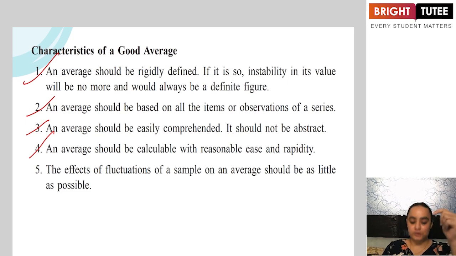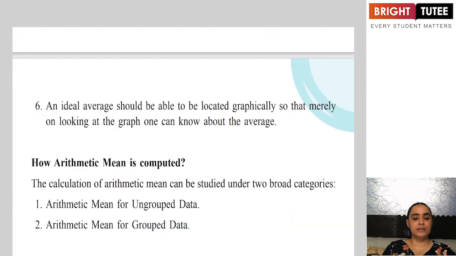But the change should not be a very big or drastic one. It should be a very minimal change. Last but not the least, the average should be able to be located so that looking at the graph, you can get to know what is the average of the group that you are trying to study.